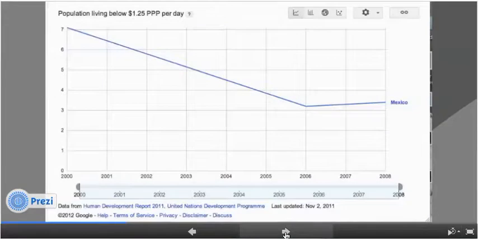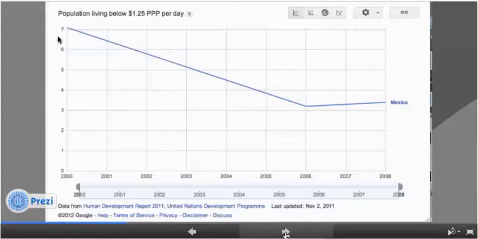Okay, so this graph I also found on the Google public data sets that is made available, and it is the population living below US dollars, $1.25 per day in Mexico. And unfortunately, this measurement is measured in millions.